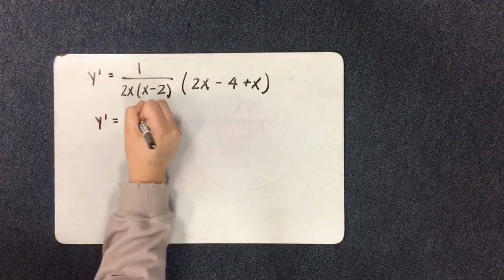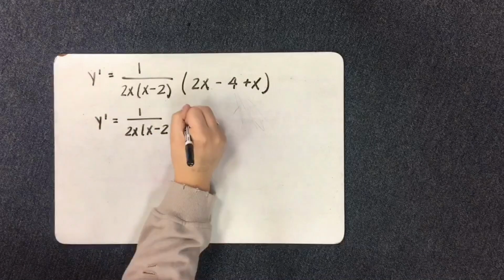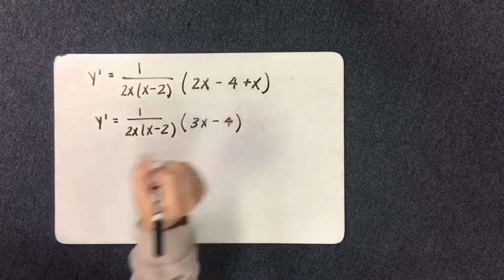This makes 1 over 2 times x times the quantity of x minus 2, which is the least common denominator.